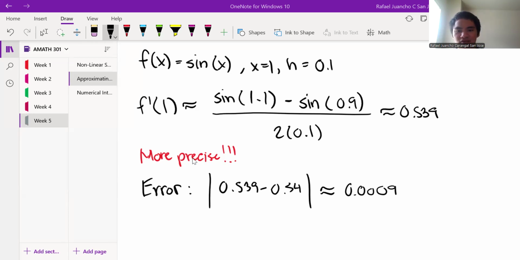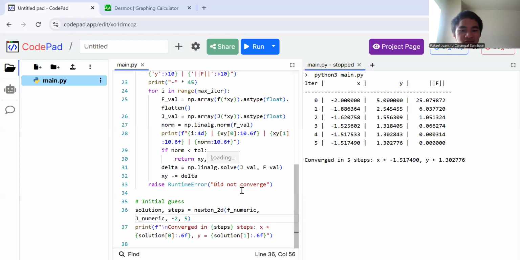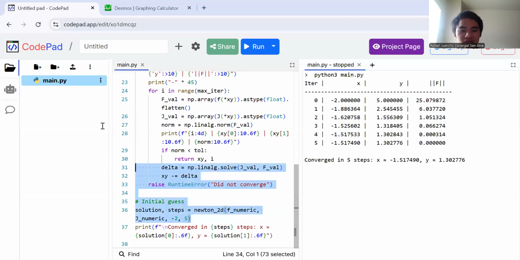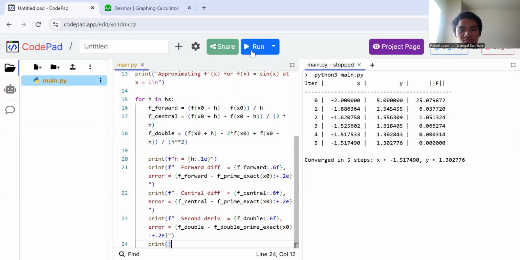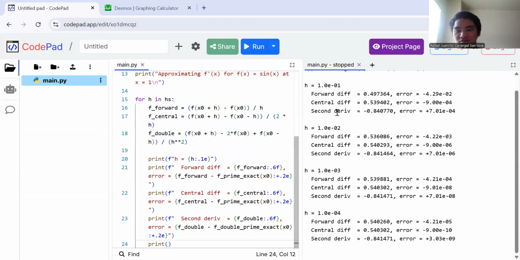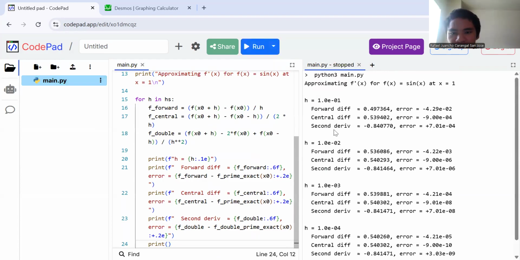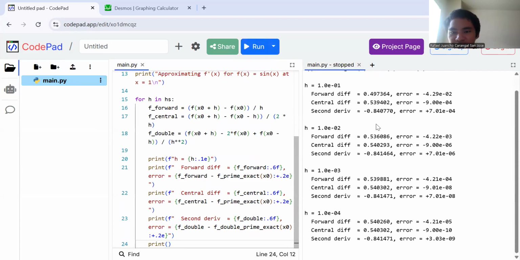All right, let me copy and paste the code for both. So I'm going to show you guys what it looks like for the first approximation and for the second approximation. I'm still in the root finding file. Let me go ahead and take all of these out. Copy paste. There we go. So for the first one, that's us approximating.